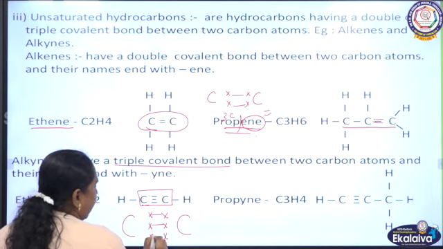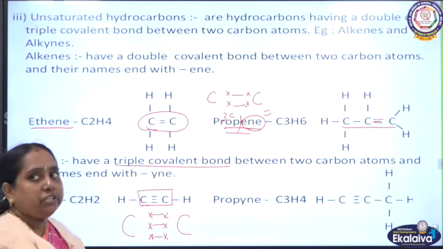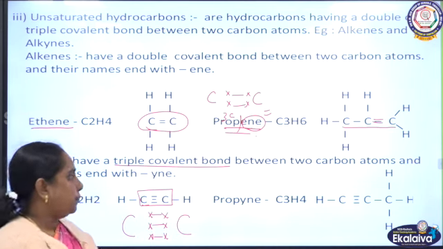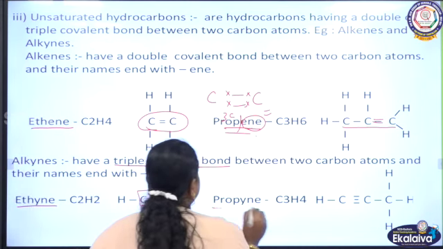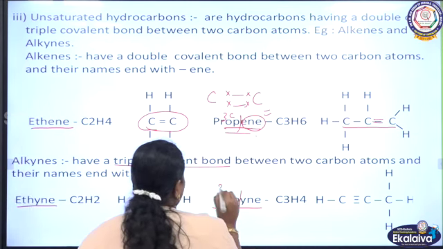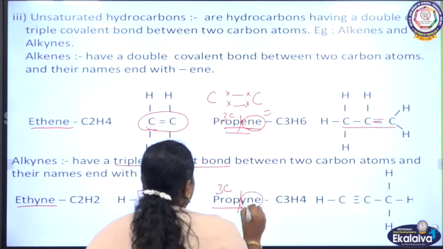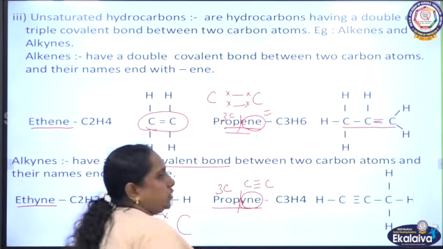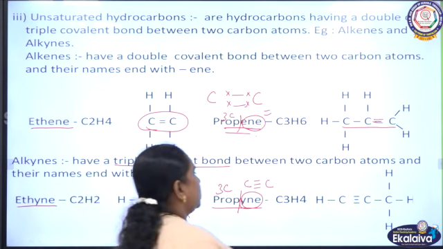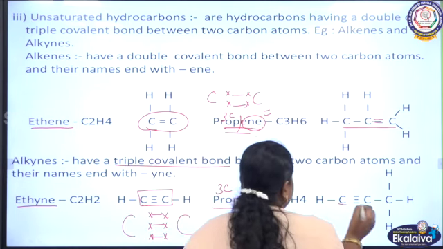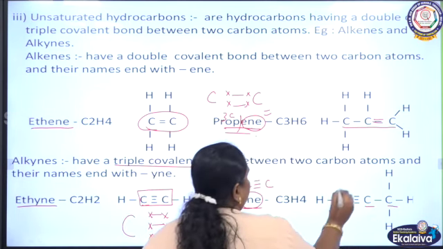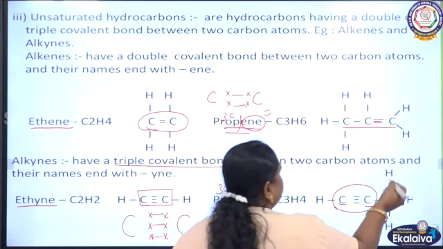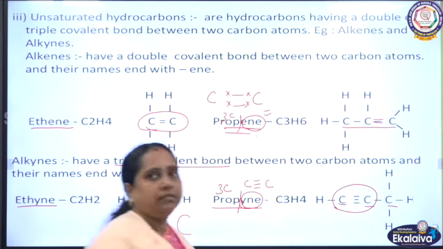So, these 3 pairs of electrons are mutually shared to form triple covalent bond. And the next member is propyne, prop for 3 carbon derivative, yne for triple covalent bond between carbon and carbon atom. So, if you check the structure, it contains 3 carbon atoms, but among the 2 carbon atoms there is a triple bond and the last carbon containing 3 hydrogen atoms.